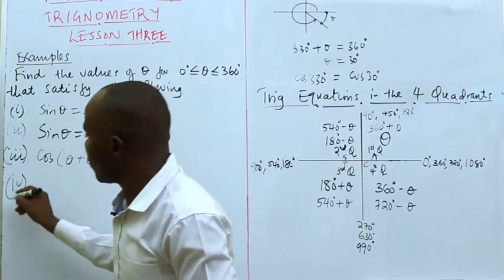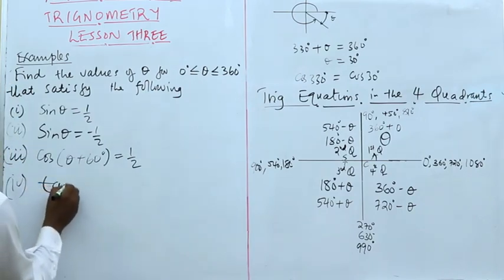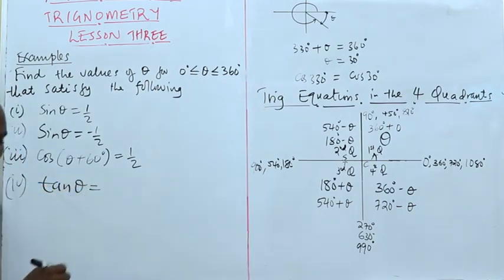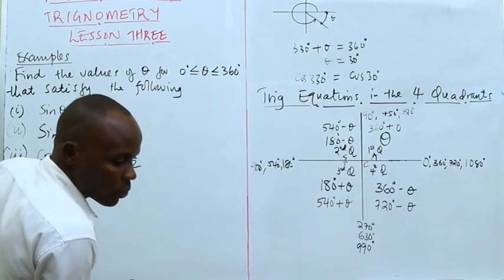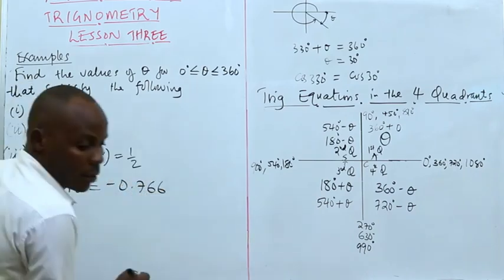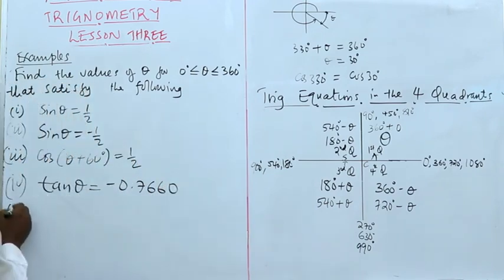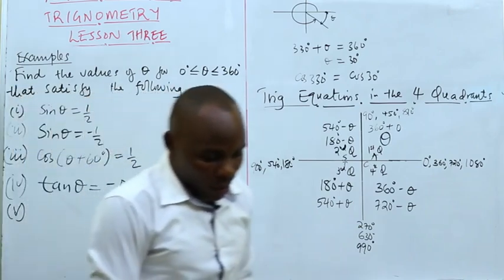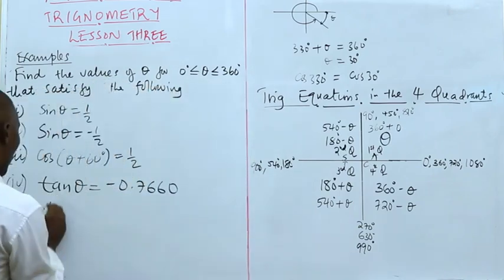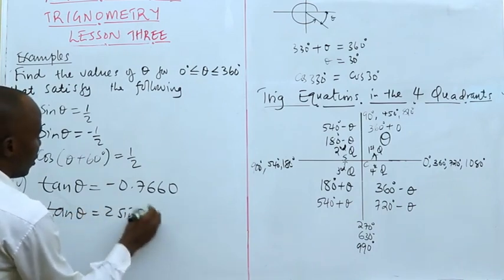Then we can have tan theta is equal to negative 0.7660. We can have tan theta is equal to 2 sine theta.